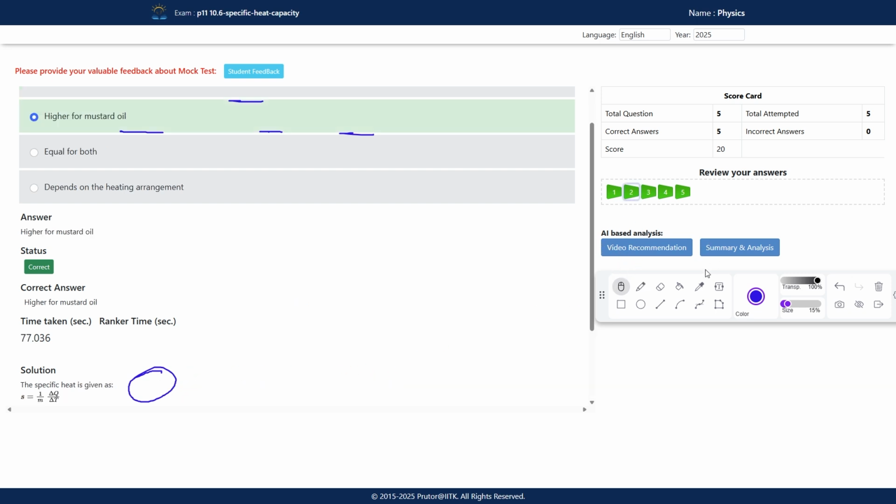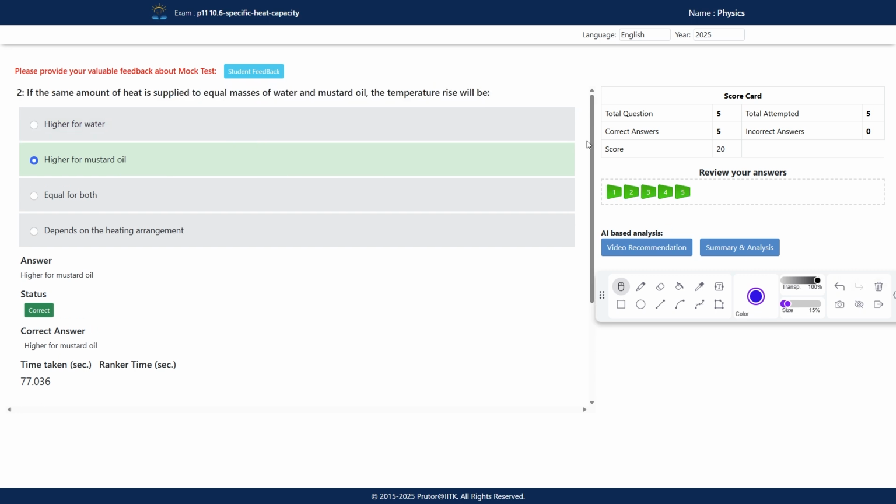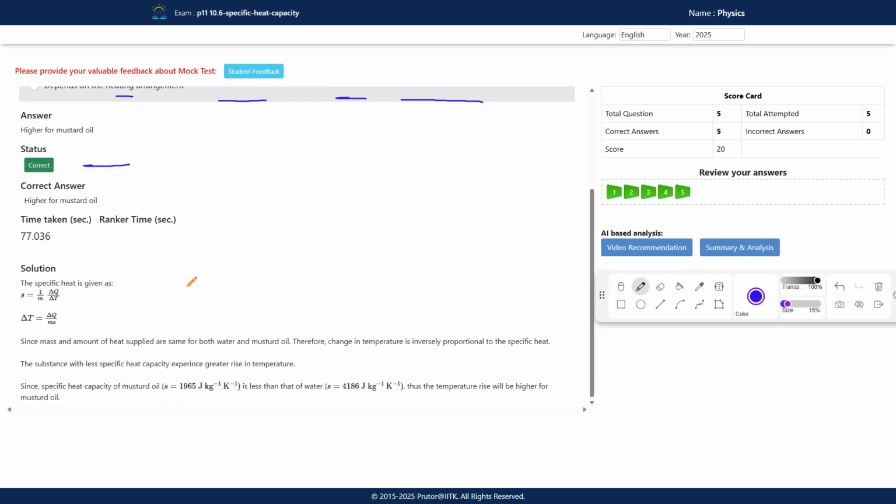Second one: if the same amount of heat is supplied to equal masses of water and mustard oil, the temperature will be higher for mustard oil. The explanation is this. Specific heat s is equal to 1 by M into delta Q divided by delta T, and delta T will be delta Q by M s. Since mass and amount of heat supplied are the same for both water and mustard oil, change in temperature is inversely proportional to specific heat.